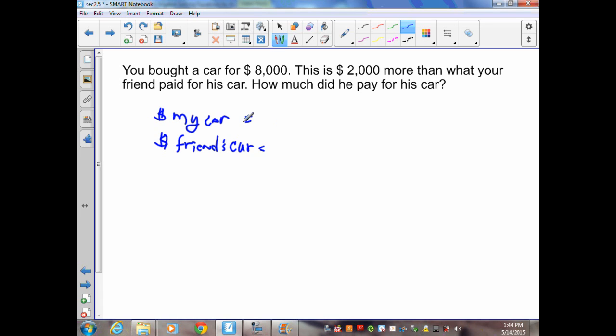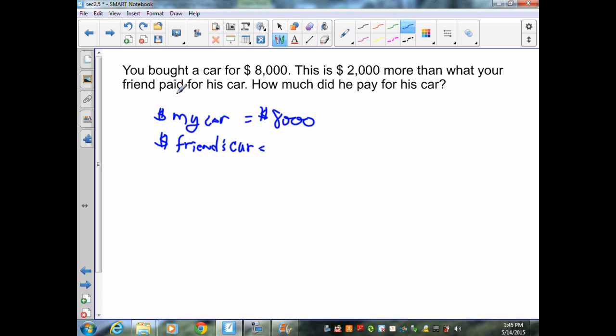So what do I know least about here? Which one do I know least? You bought a car for $8,000. Well, my car I know cost $8,000. And what I don't know is this is $2,000 more than what your friend paid for his car. I don't know what he paid.